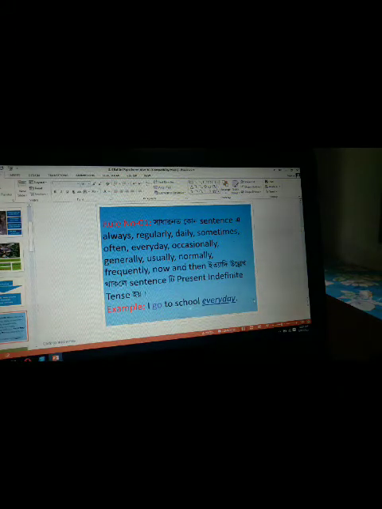And in this situation, we use the main form of verb after the subject. As an example, we can say, we have used go after I.